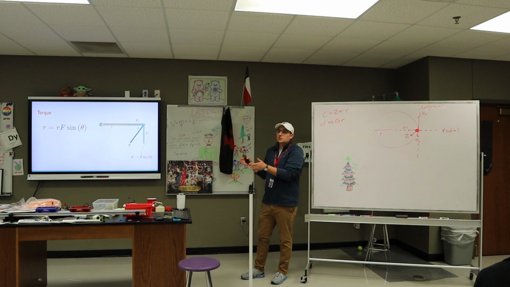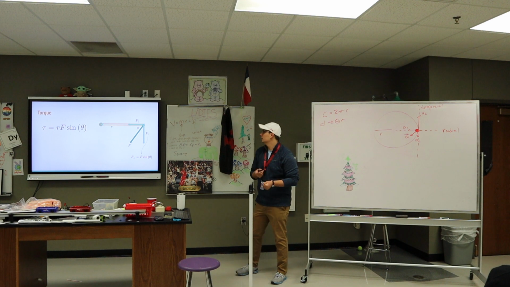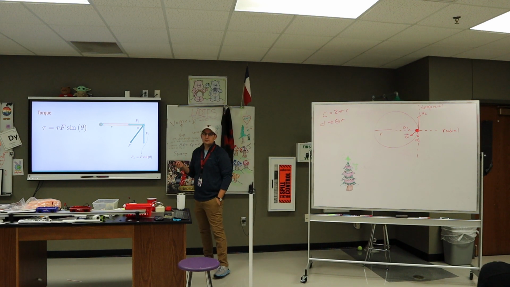So you can use R F sine theta as long as theta is the angle between the force and the lever arm. If you don't have that angle, go look at how to find the perpendicular component of the force with whatever angle you're given. Does that make any sense?